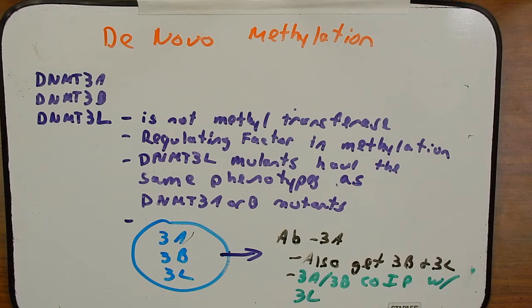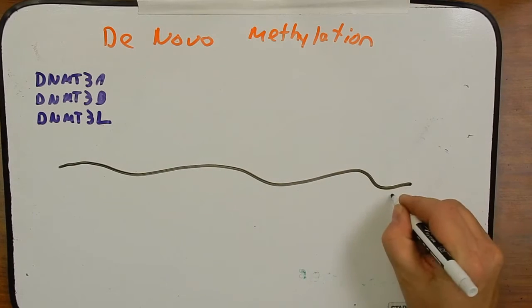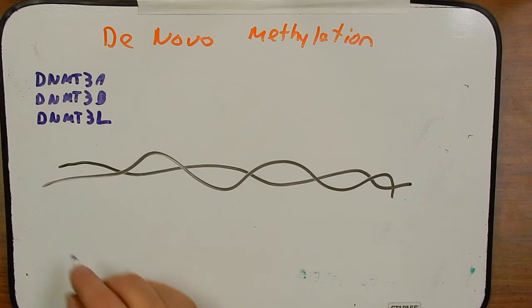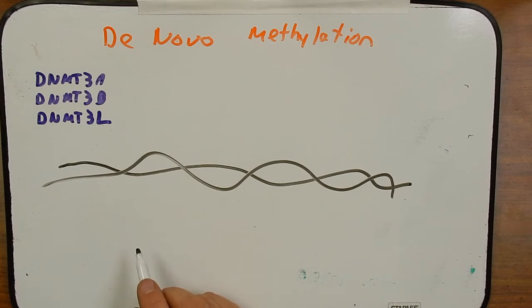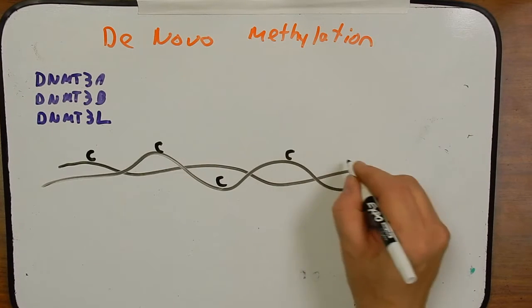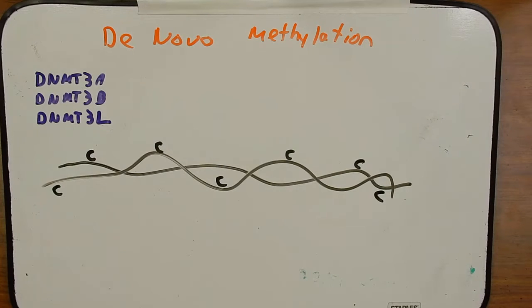So these are the proteins that are involved. But what do we mean by de novo methylation, and why is it important? Essentially what we mean by de novo is that you have a blank slate, so to speak. You have this DNA sequence here with no methyl groups on it at all. There are cytosines throughout this sequence, but no methyl groups.